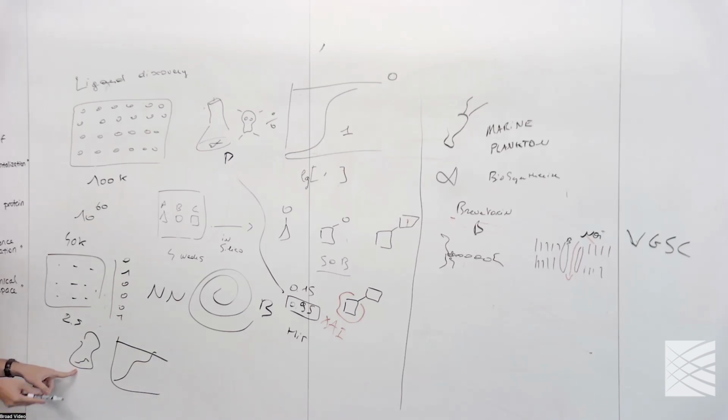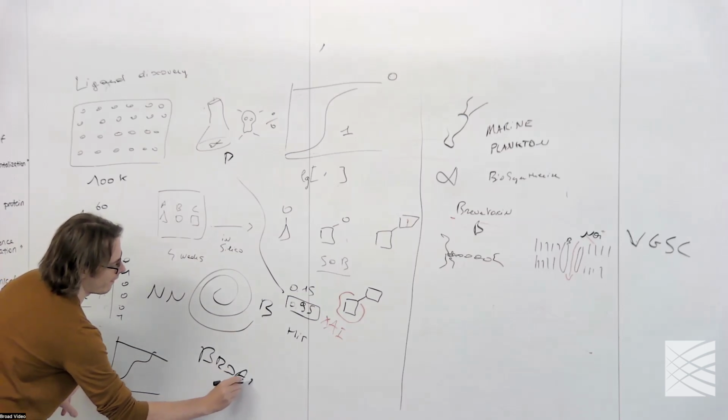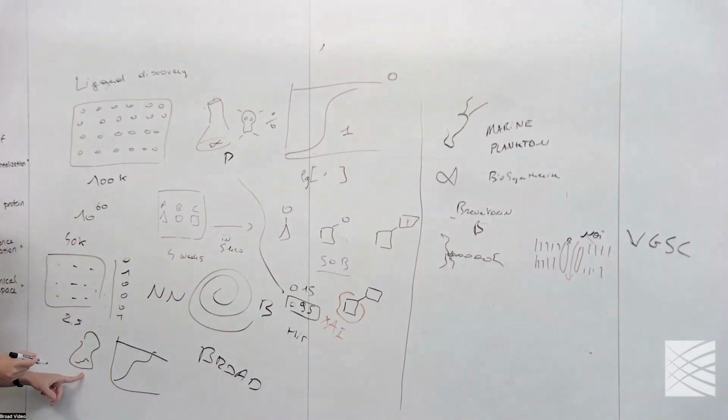And then based on that, we can again train a neural network. And we have used the Broad 800K library in this case and found 100 molecules that had good scores. And then we've tested them experimentally in the lab to see which one of these actually rescued the cells.